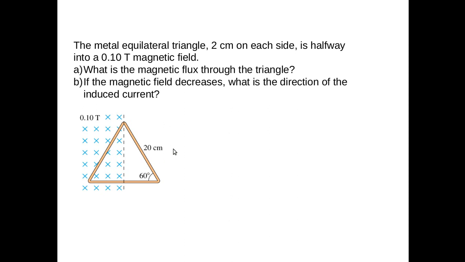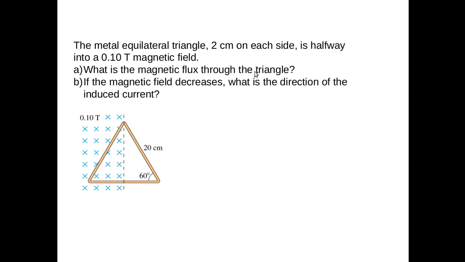Okay, it's halfway into a 0.1 Tesla magnetic field. So that means half of the area that this triangular loop makes is in the presence of a uniform magnetic field. Okay, so I'm going to calculate the magnetic flux. Right, so I'm going to calculate delta phi first through the triangle.